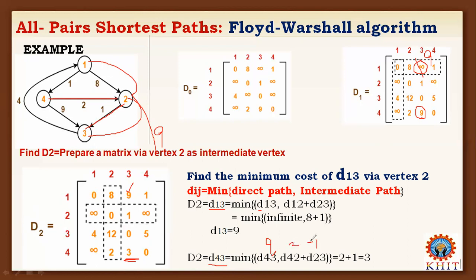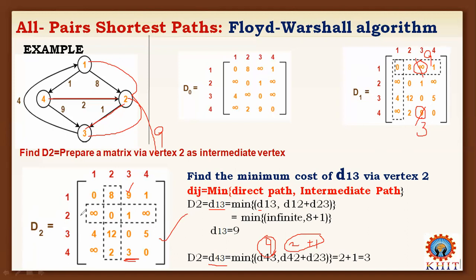Total value is 3. Now compare the value 3 with the value 9. Which one is minimum? 3 is minimum. That's why the minimum cost 3 is replaced here. So the matrix is updated and this is the revised matrix of vertex 2.